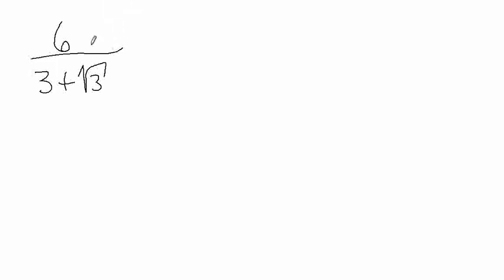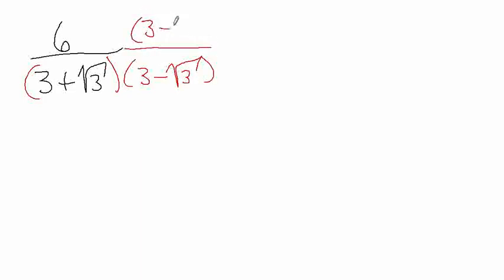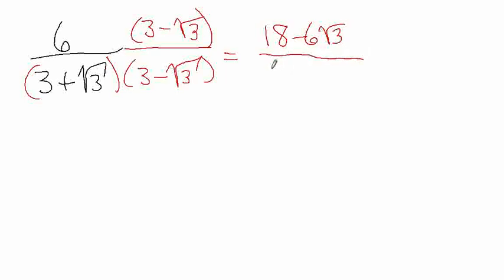Okay, so I will go ahead and work it out myself. I'm going to multiply the top and bottom by the conjugate of the denominator. And I'm going to get 18 minus 6 root 3 on top, and 3 squared minus the square root of 3 squared on bottom.